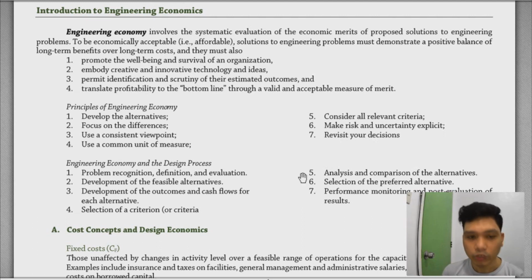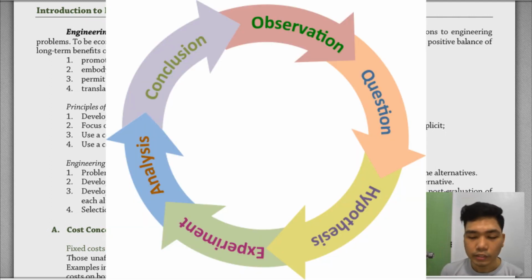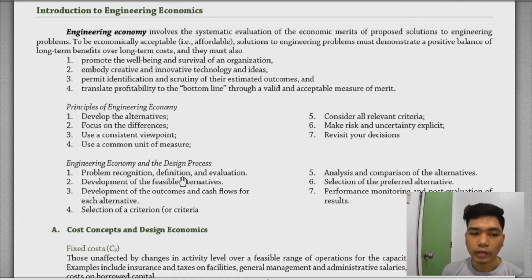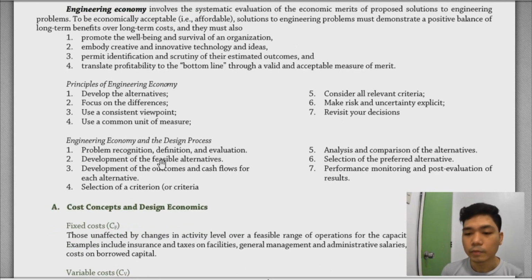But I'm much more concerned with how this design processes works in engineering economy. Now, we have seven of them, and this is some kind of reflection to the scientific method that we know in science. Because the first step, as you can read from this screen, is actually the problem recognition, and that's the same thing as the first step in scientific method.